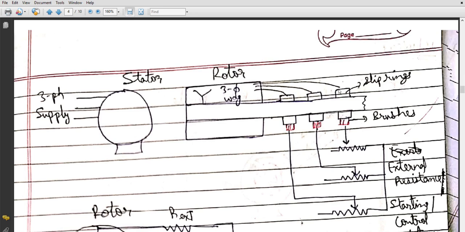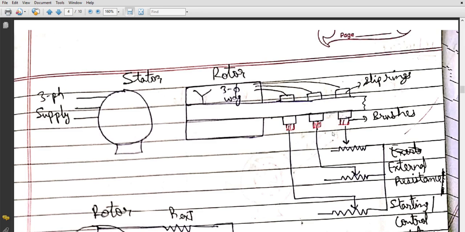Three slip rings are provided, and the brush is stationary. Now we'll add these external resistances. We'll take out terminal 1, terminal 2, and terminal 3, and we'll add these external resistances to these stationary brushes.